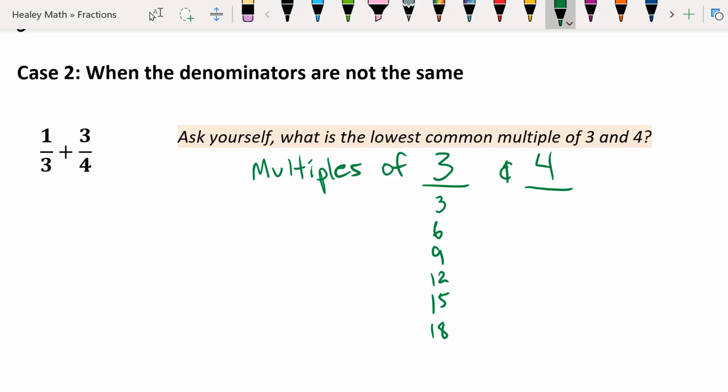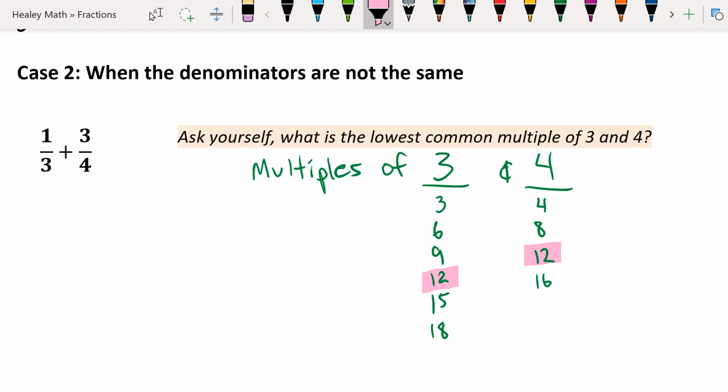And we do the same for our 4 times tables. We count by 4s. We have 4, 8, 12, 16, and so on. The lowest common multiple of 3 and 4, in this case, is the number that occurs, and we see that our answer is 12.